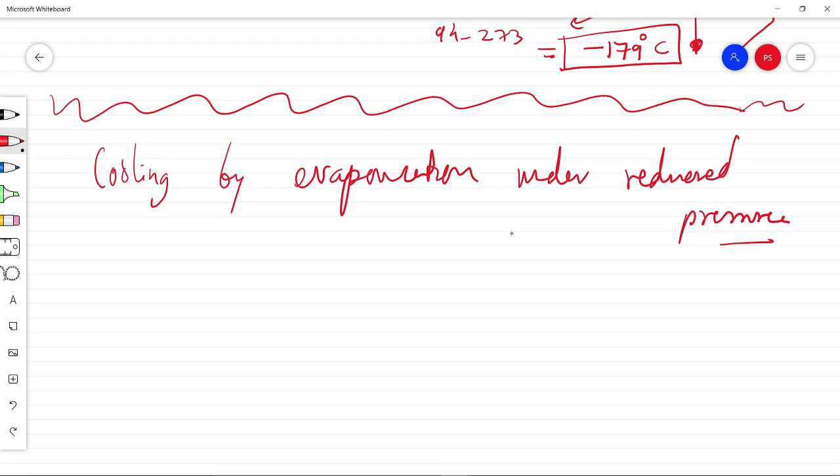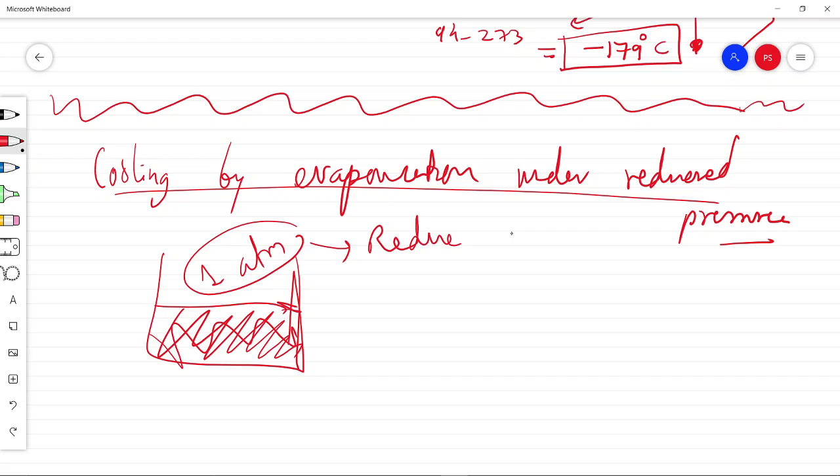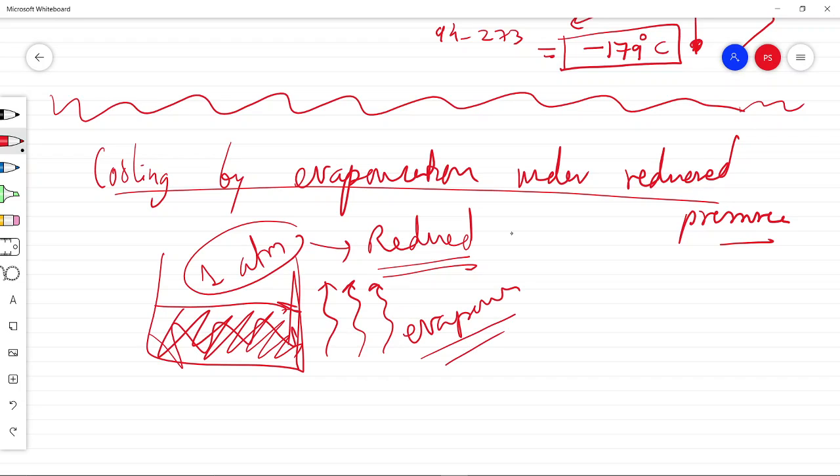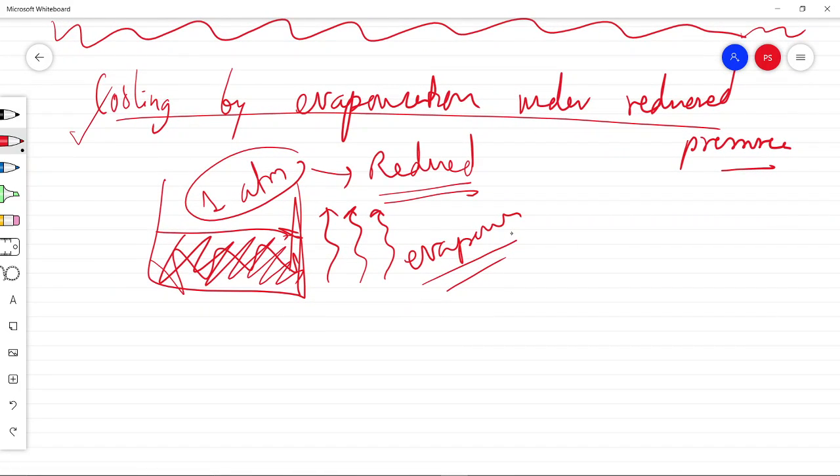Now we know that though a substance is present in liquid state at atmospheric pressure, if we reduce this pressure, the substance starts to evaporate. So reduction in pressure can cause evaporation in certain special substances. Such substances can be used to achieve cooling by the method of evaporation under reduced pressure.